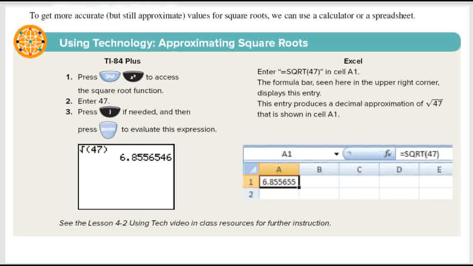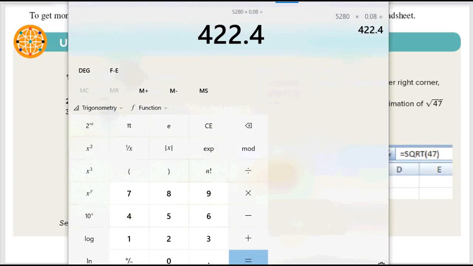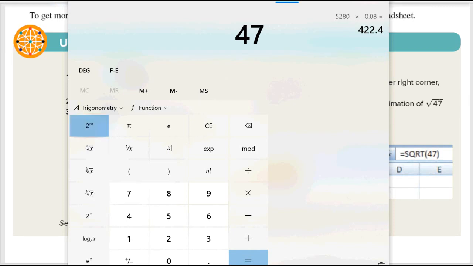And I'll show you really quickly, square root of 47. Make sure you can do that on your calculator. On mine, I do 47, and then I have to do the second function, and that gives me the square root, and it has that little angle type thing.